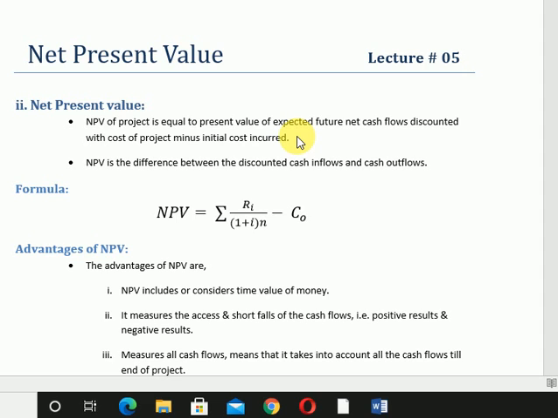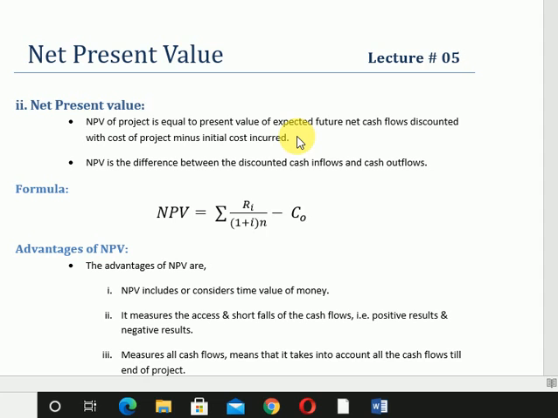The sum of those values is called discounted cash inflows. So when we subtract the initial investment of the project, or that is called cash outflow, from the discounted cash inflow, the difference is called net present value of the project.